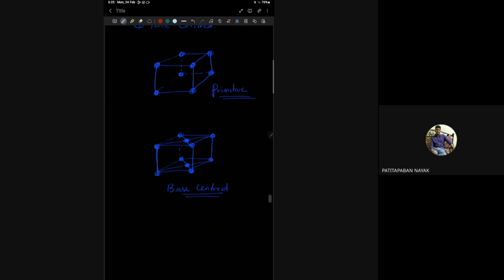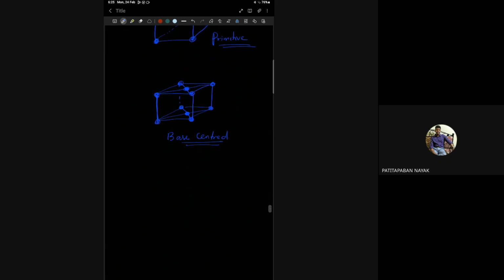Next one would be, so this is the midpoint of the base diagonal. There you have the atom.